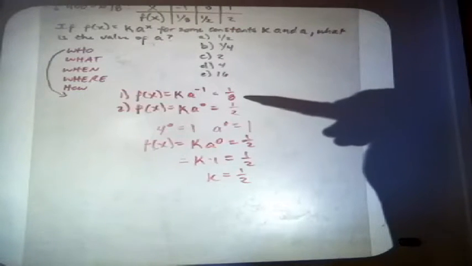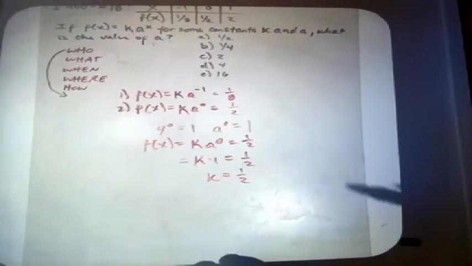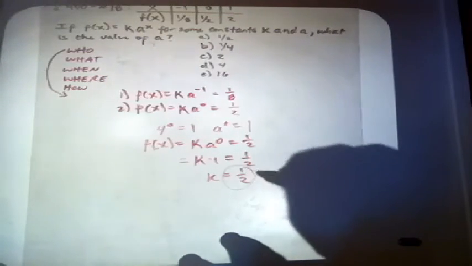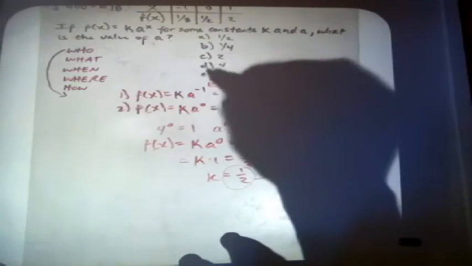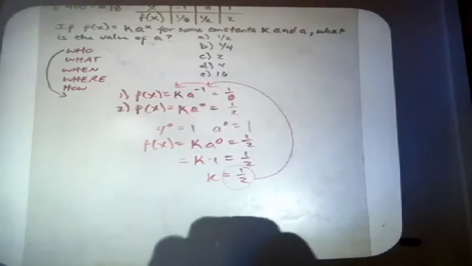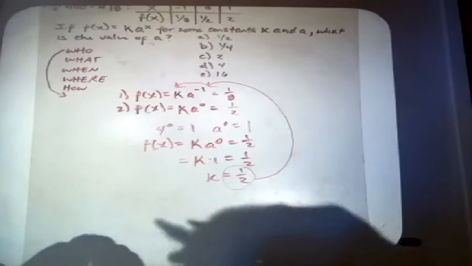So this should be pretty easy now, because we have this equation up here, number 1, where we could solve for a, given that we now know k. So what we're going to do is substitute k equals 1/2 into equation number 1 here. So let's see what that looks like.